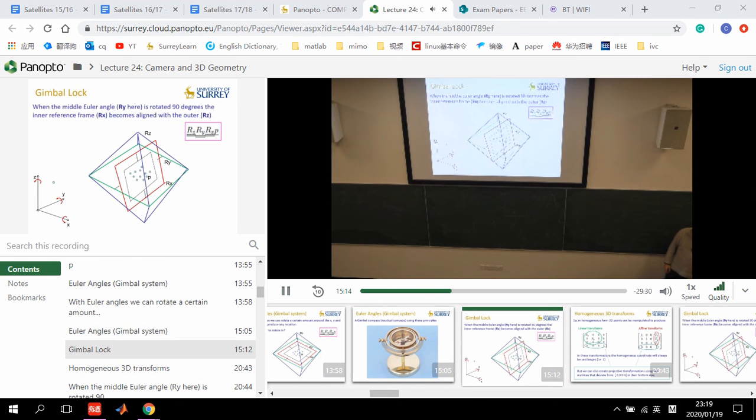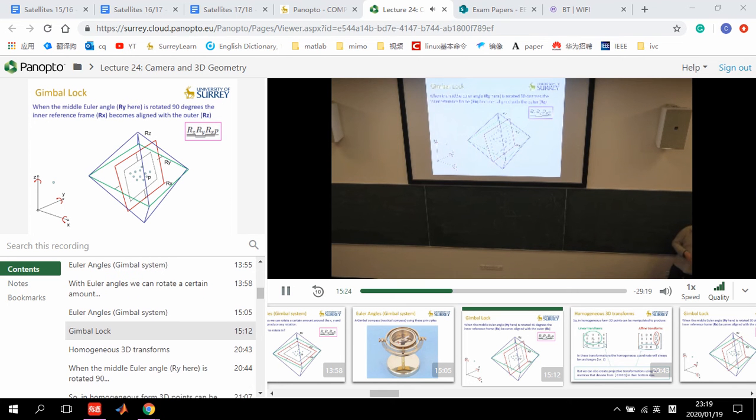They help reveal one of the problems that exists in this Euler angle rotation system, as it's called. So if I were to take the middle Euler angle, which in this case I decided was going to be Ry, and I rotate it 90 degrees, so I set my theta for Ry to be pi over 2, or 90 degrees, what's going to happen is that red frame is going to spin so that its two pivots, the pivots attached between the metal plate and the red frame, line up with the pivots of the Rz frame.